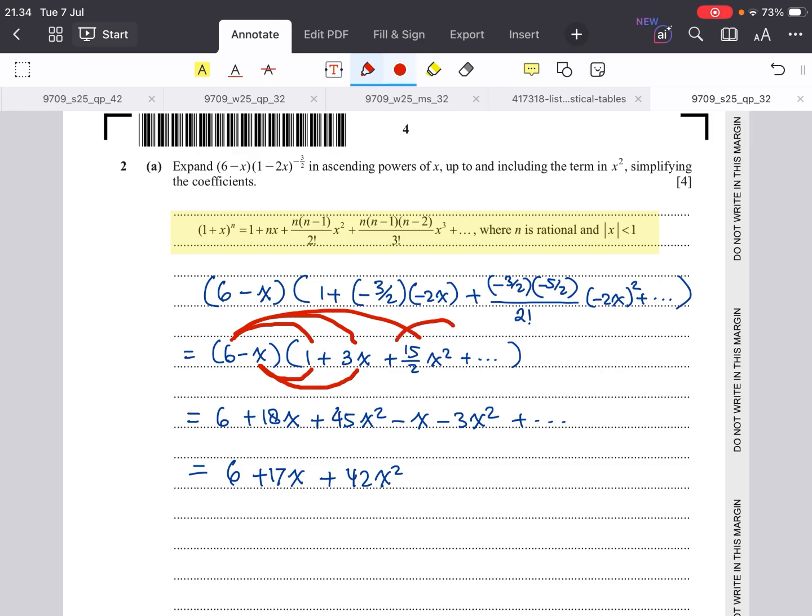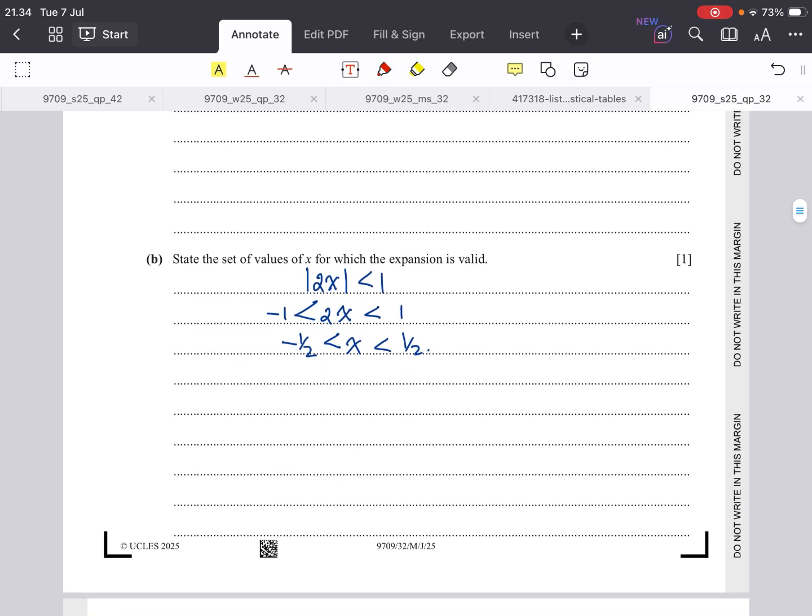We don't need to multiply the x with (15/2)x² because the degree will be higher than 2, while the question only asks to expand up to x squared. So this is the result, and we simplify it into 6 + 17x + 42x².